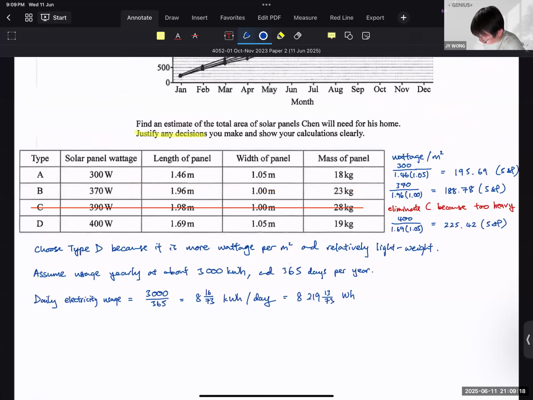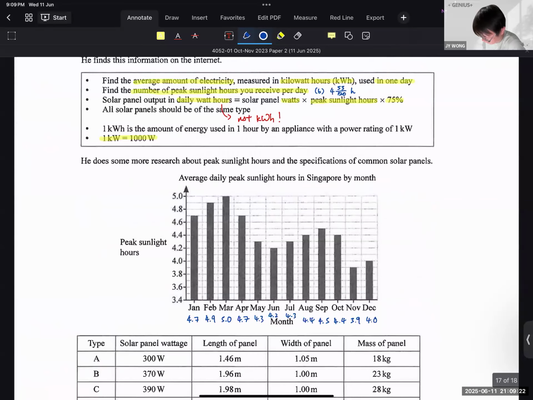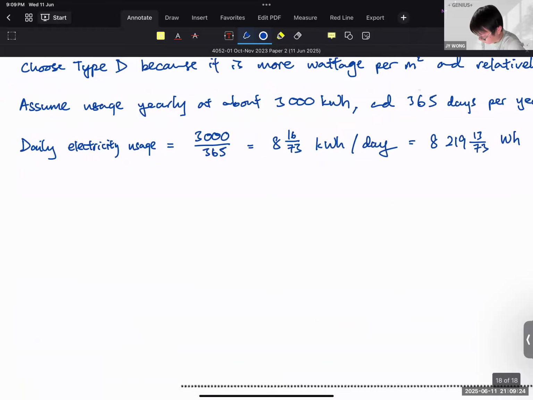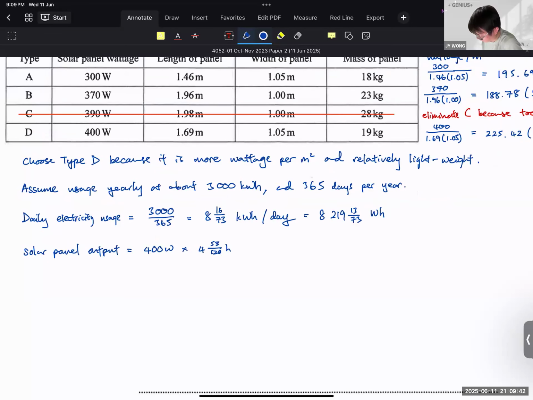So now I can go and calculate my solar panel output. So solar panel output given is your voltage, which we are using type D, so the voltage is 400 watts, multiplied by your peak sunlight hours, which is 4 and 53 out of 120 hours, sorry, you need to multiply by 75%.